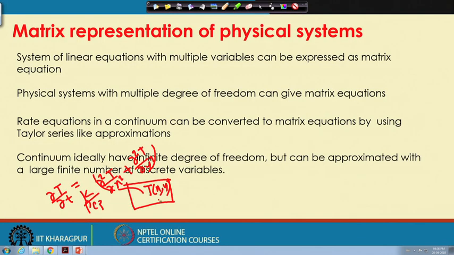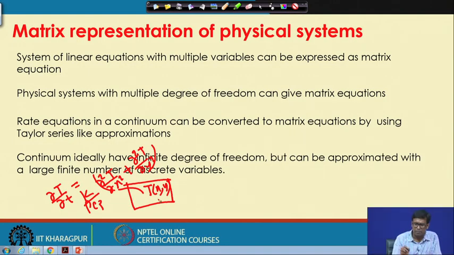So, we will have an infinite degree of freedom space, but it can be approximated to a discrete, finite number of degrees of freedom space. Instead of having a continuous space, we can have many small control volumes or many small node points inside the domain, and we can try to see what is the rate equation or the matrix form of the rate equation at that particular point.